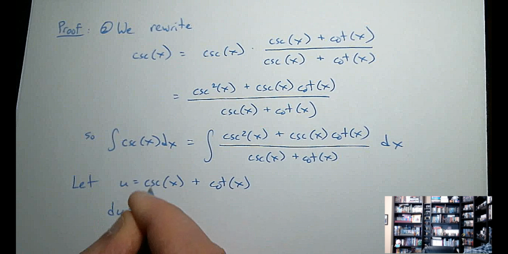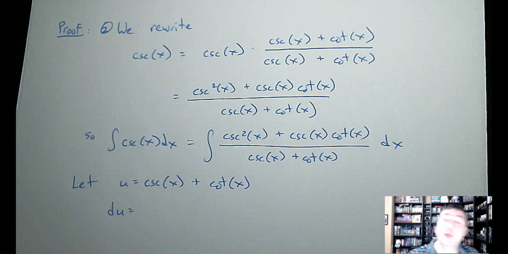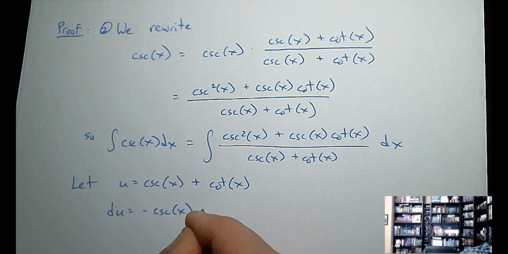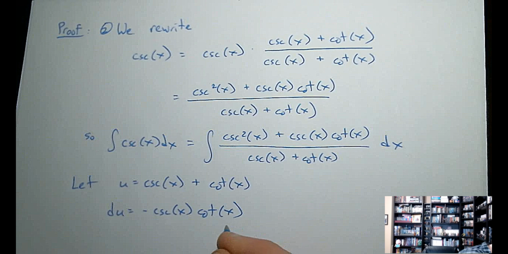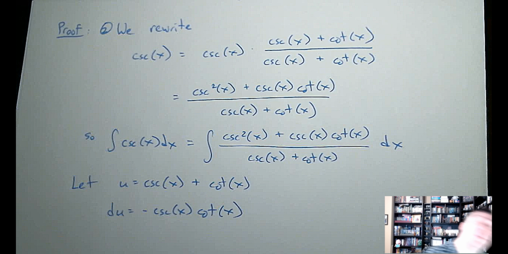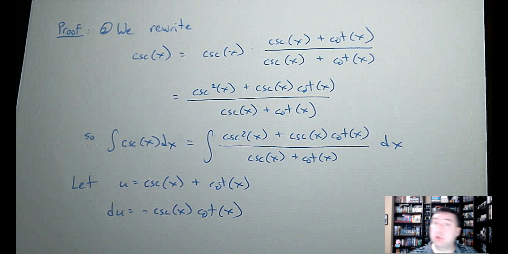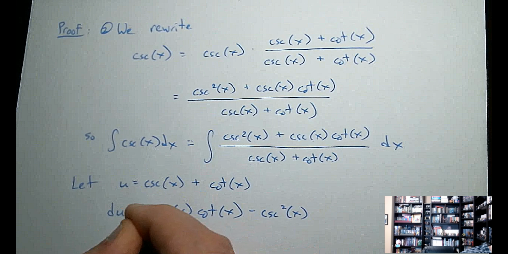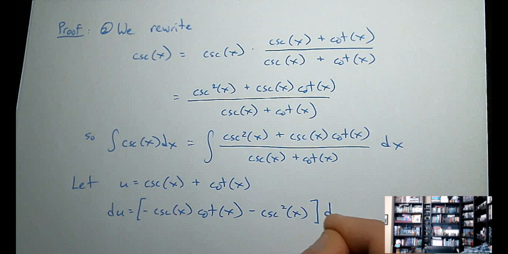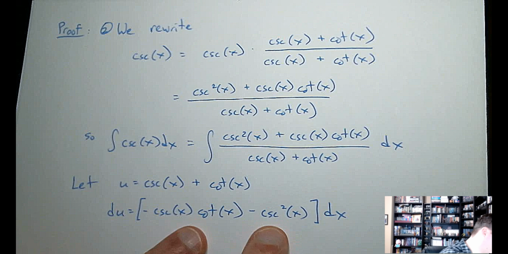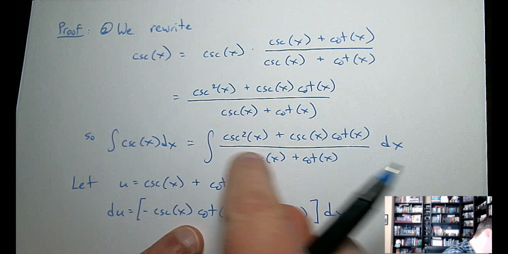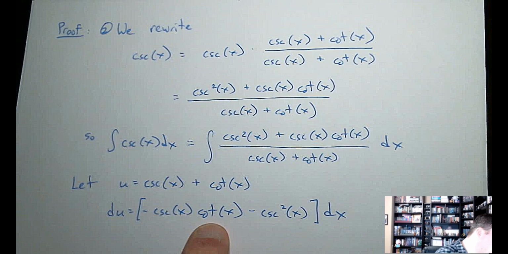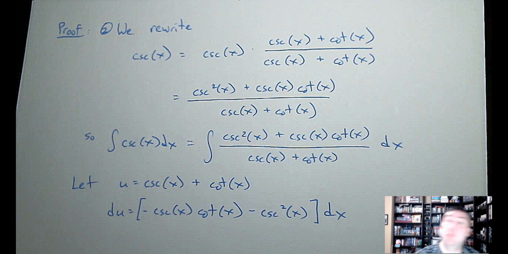then du, the derivative of this expression: the derivative of cosecant x is negative cosecant x times cotangent x. The derivative of cotangent x is negative cosecant squared x. Of course, all of that is going to get multiplied by the differential dx. And well, compare this expression to this numerator. We've got a cosecant x times a cotangent x in both.